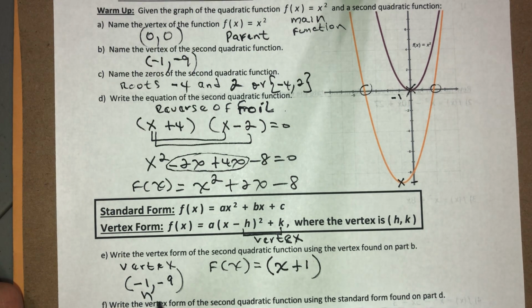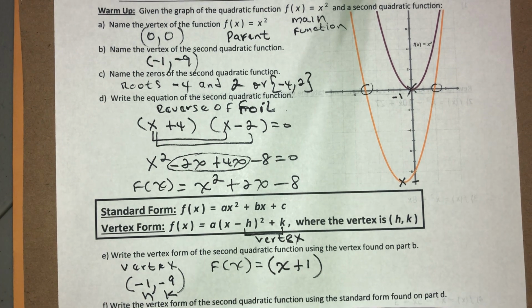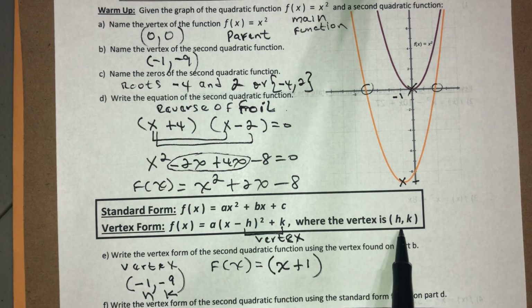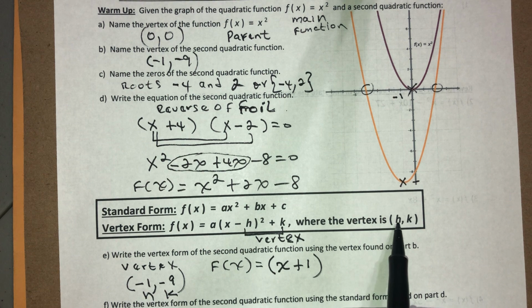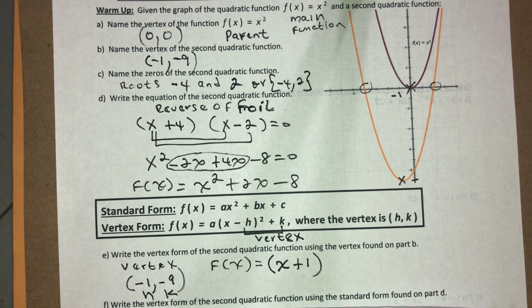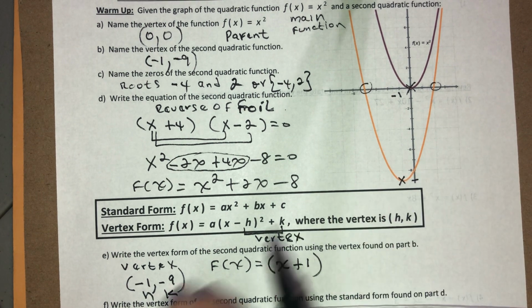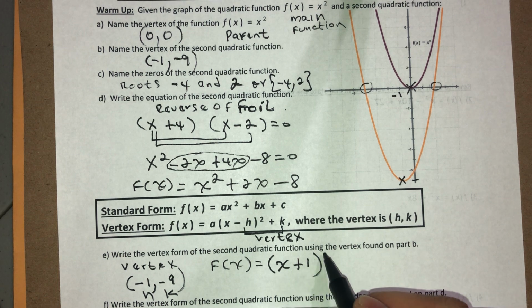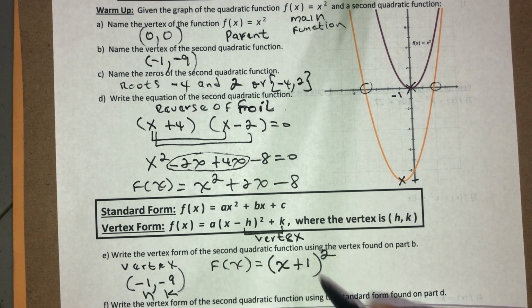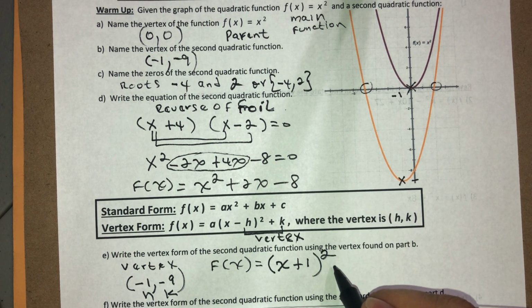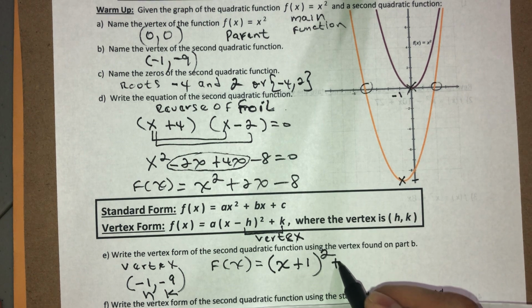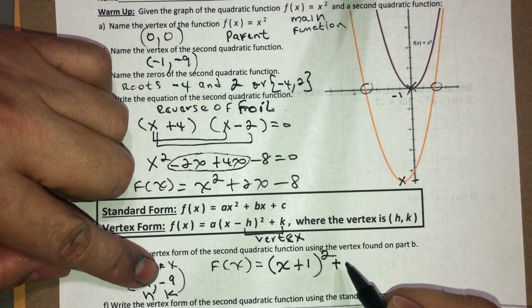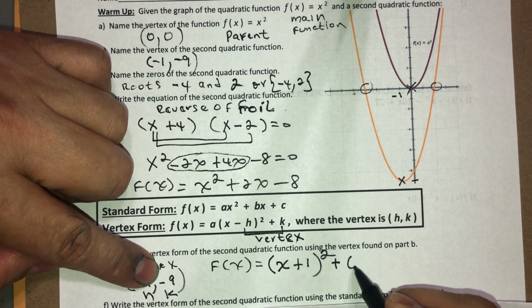This is my h and that's my k, because that's what the vertex says. It's like x and y, but it's a new value. Now square, that's part of the formula. Now remember, plus, because the value of k is -9, that never changes.